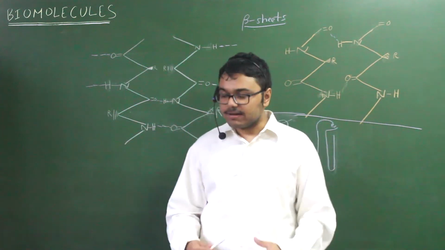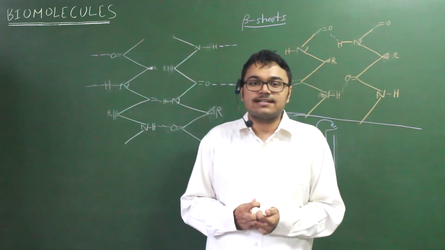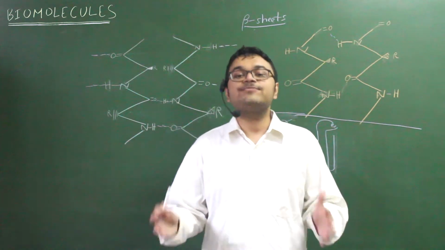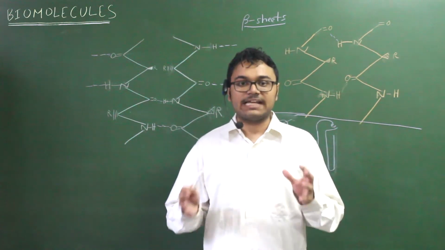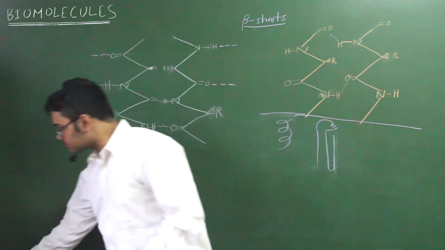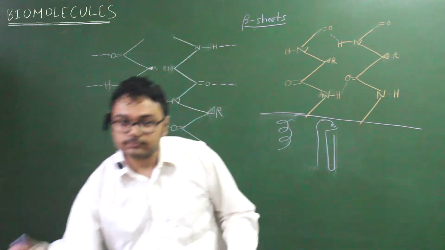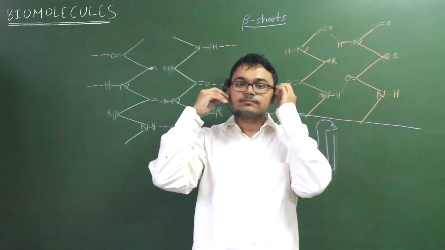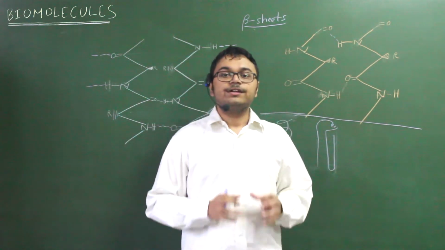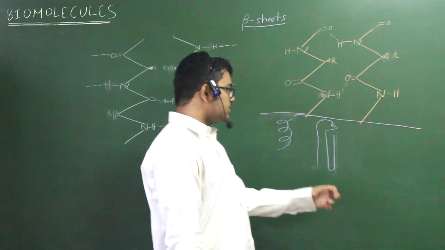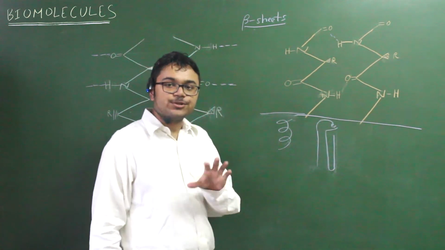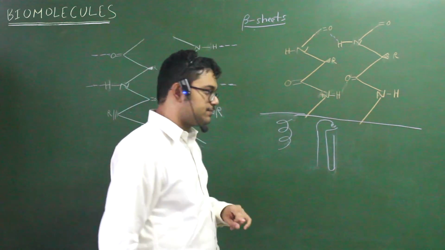So let's look at the hydrogen bonding in these beta sheets in some detail, because they're really quite different from that of any of the helices we've studied. They're of a very different nature, and we'll get into that now. Looking at the hydrogen bonding of the beta sheet, unlike the alpha helix, actually let's go into the alpha helix a little bit closely first.